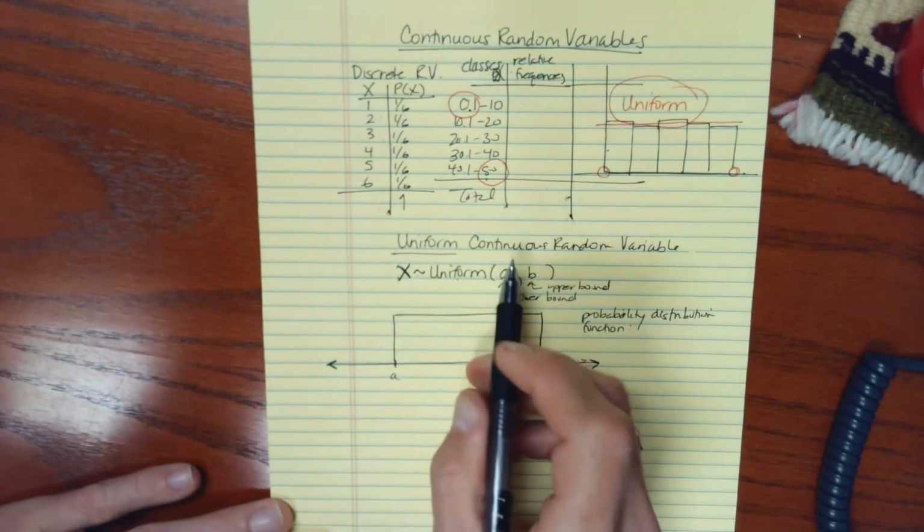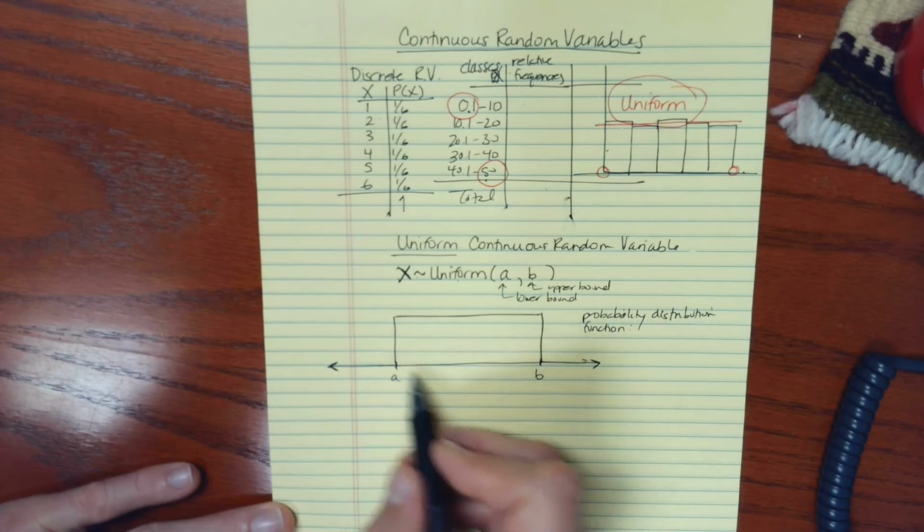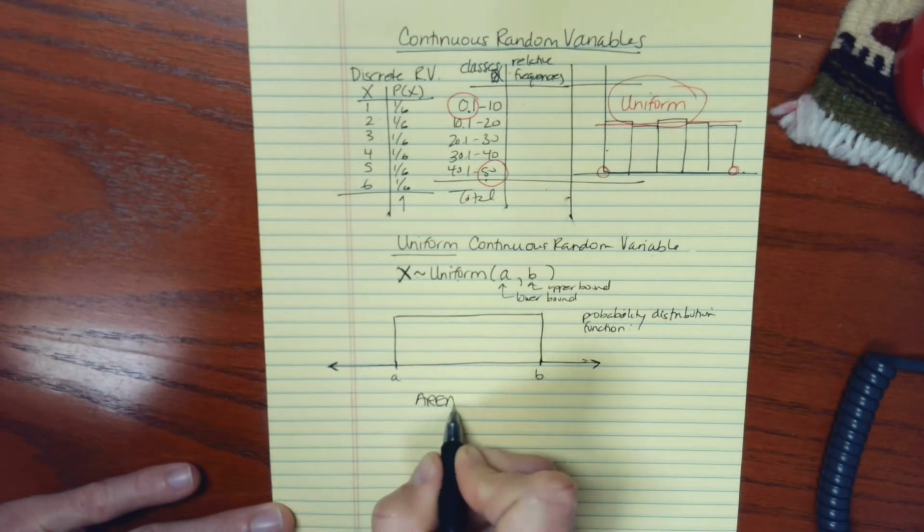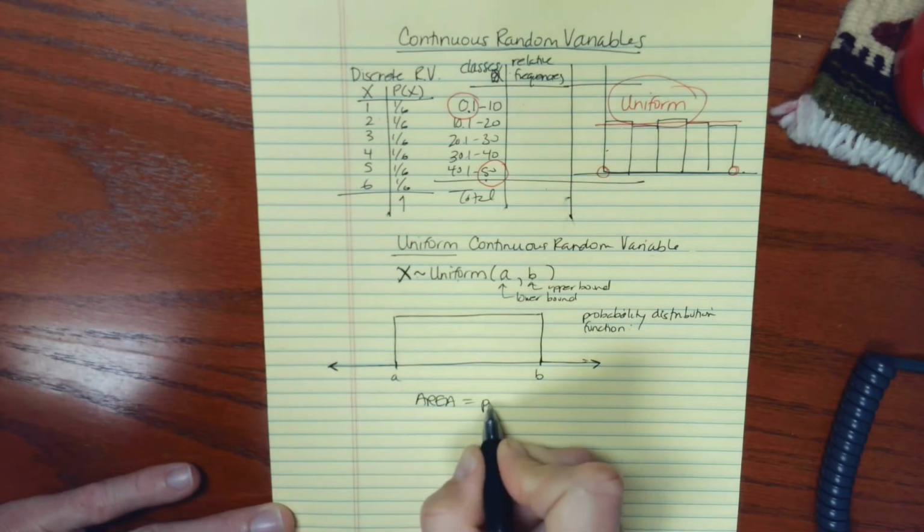Something to know about continuous random variables and their probability distributions: we equate area with probability.